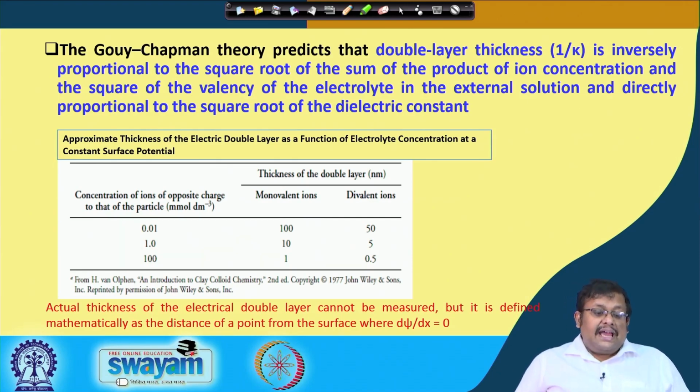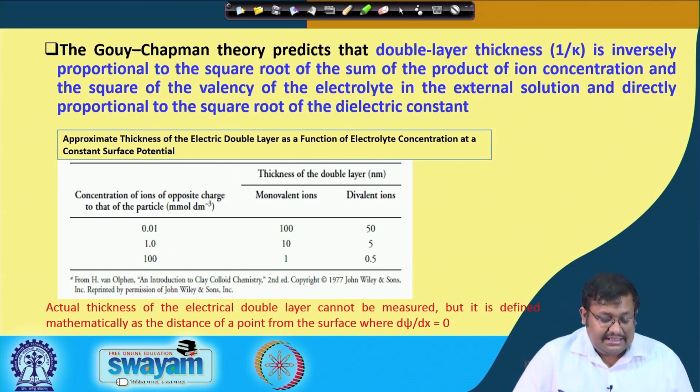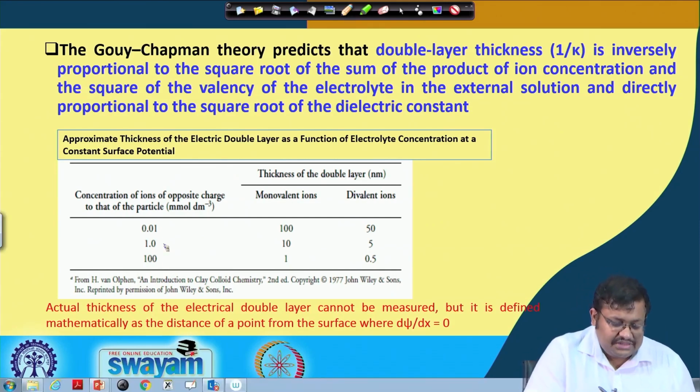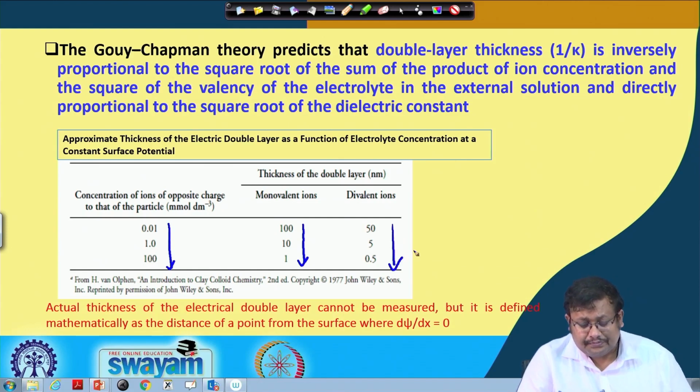So, in other words, as the concentration of ions of opposite charge to the particle increases from 0.01 to 1 to 100 millimole per dm cubed, you can see the thickness of the double layer decreases for both monovalent ions as well as divalent ions.